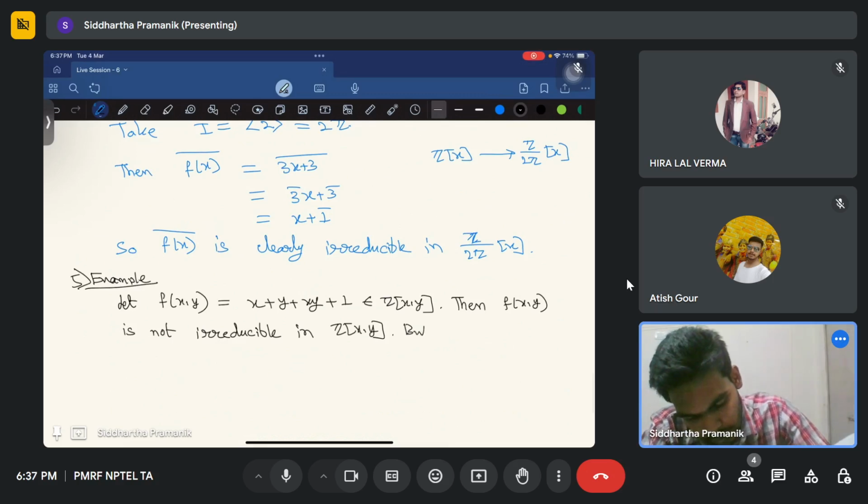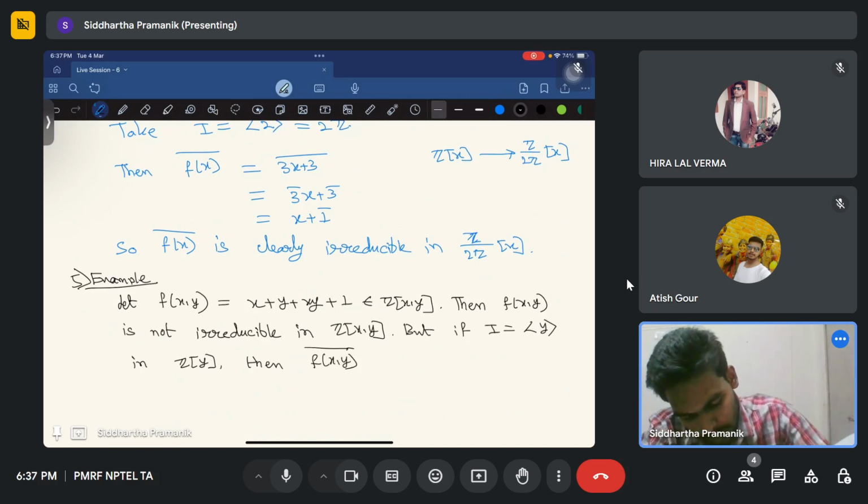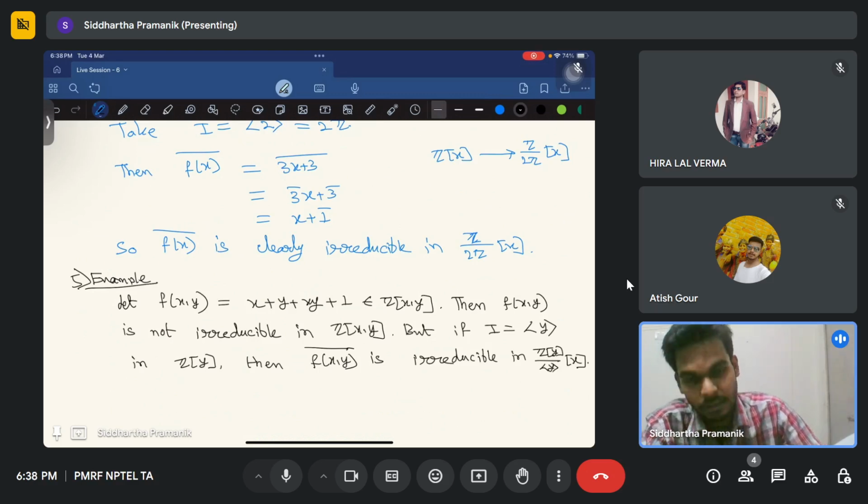But if I equals the ideal generated by y in Z[y], then your f(x, y) bar is irreducible in Z[y] modulo y, and after that attach x.